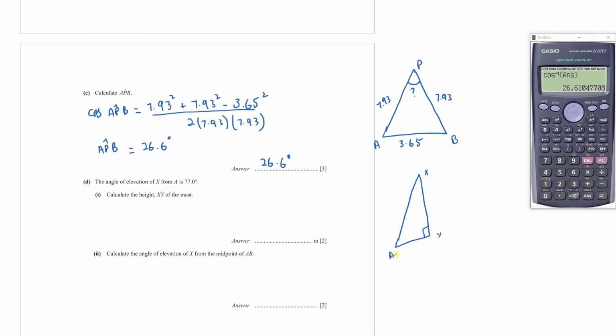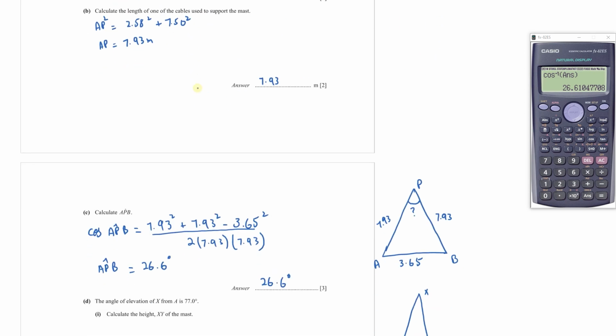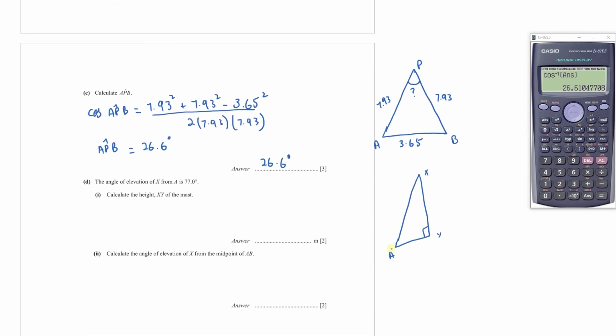So this point is A, right? So this is AYX, this triangle. This angle is 77. The angle of elevation is 77. This length here is 2.58. And this is the length that you need to calculate.